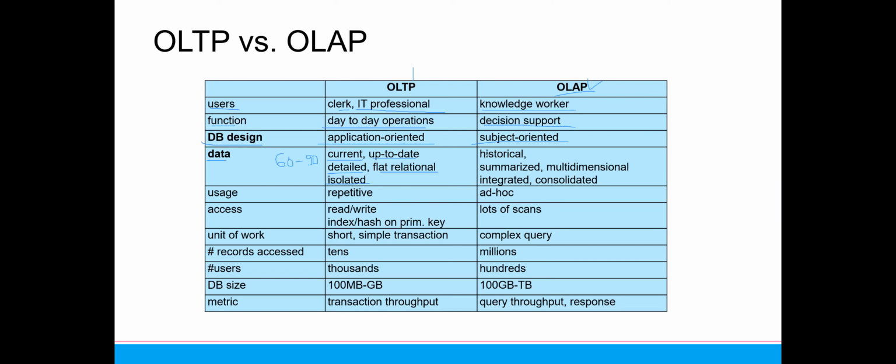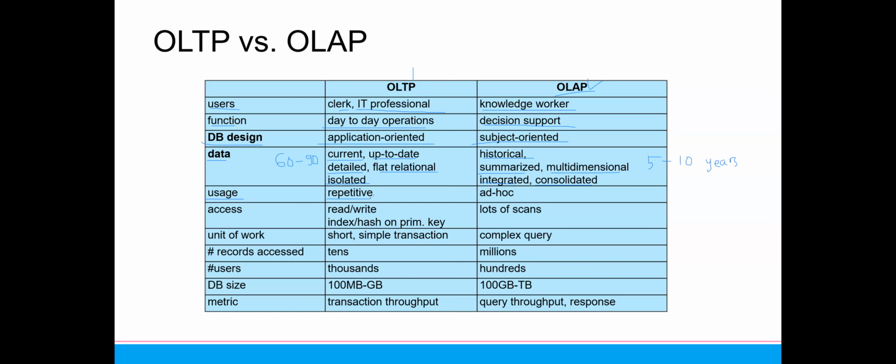But the OLAP is historical. We learn about the data is having a time horizon 5 until 10 years. So we can make summary, multidimensional, integrated, and consolidated.